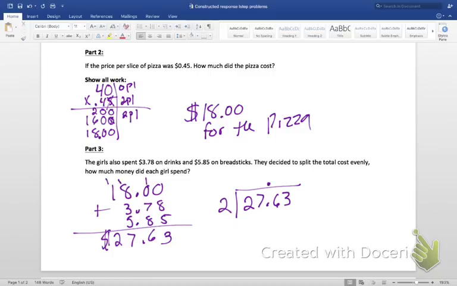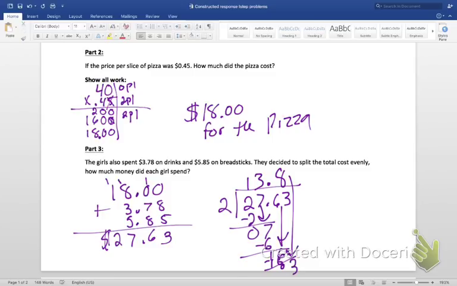Okay, the decimal goes straight up. 2 goes into 2 one time. Subtract, we get 0. Bring down our 7. 3. That's going to give us 6. 1. I'm running out of room. You're going to have 16 down there. I know you can't see it very well. 2 goes into 16 8 times. Times 2 is 16. And then down below, we have our 3. So we're going to bring down our 3. How many times does 2 go into 3?